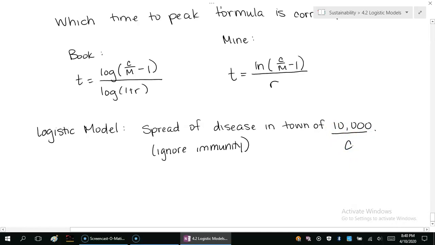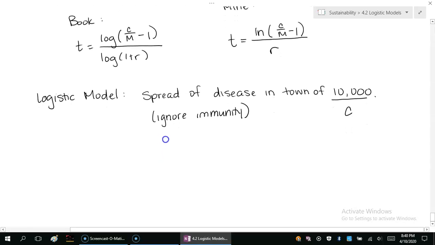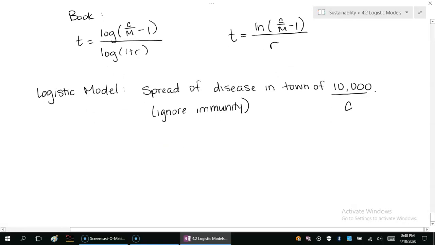That just makes it easy to say what the carrying capacity should be. At the end of the spread of the disease, all 10,000 people should have gotten sick at some point. Whereas if we don't neglect immunity, some percentage of the population isn't ever going to get infected and will be outside of our model, so we won't really know what the carrying capacity is.